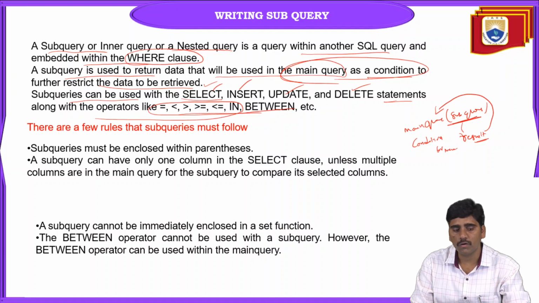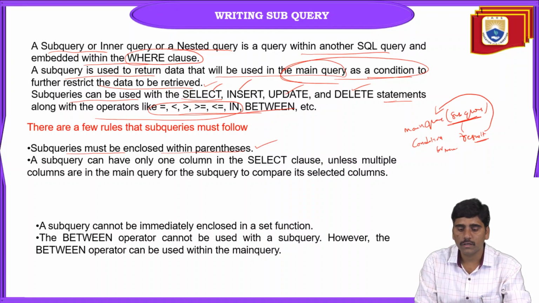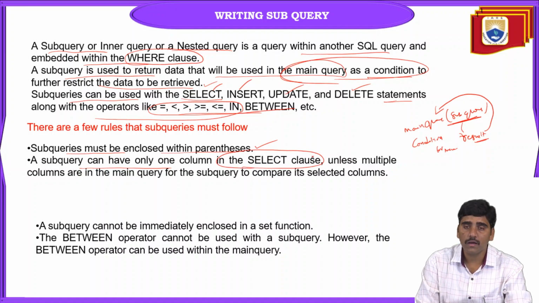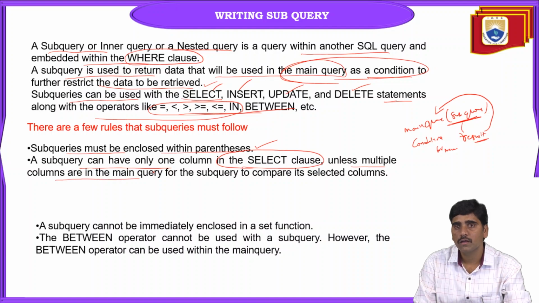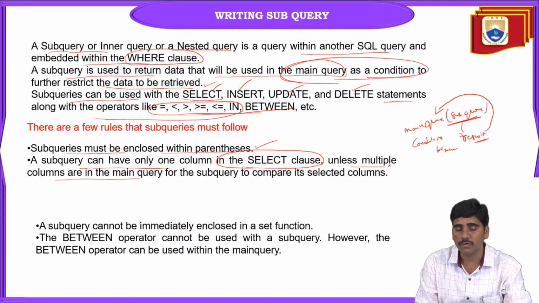But how do we write the queries, and what are the rules you have to follow to write subqueries? A subquery must be enclosed within parentheses. A subquery can have only one column in the select clause, unless multiple columns are in the main query.